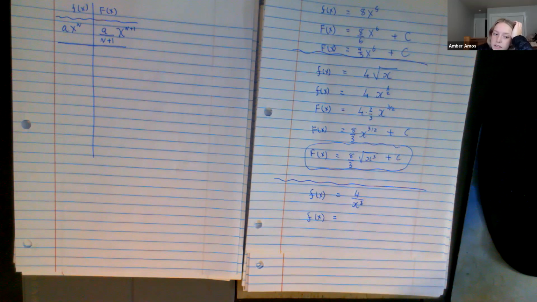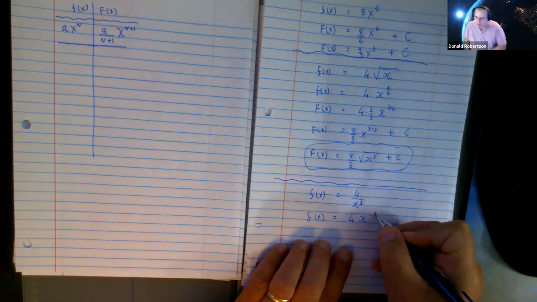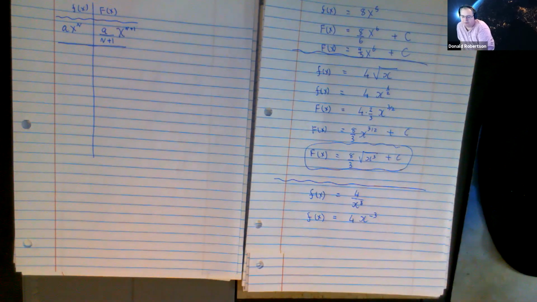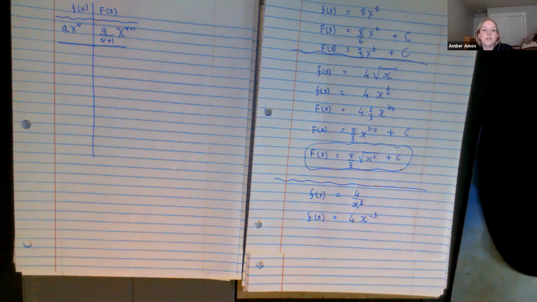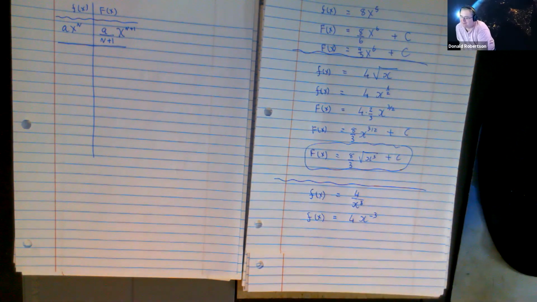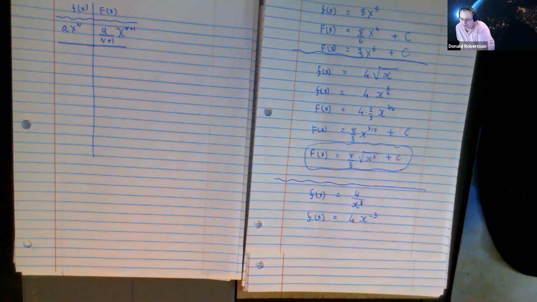You could put x to the -3. That's exactly what I would do. What's good about that method, Amber? Why is that a more useful version? So that you can follow the power rule. Yeah, it's the same math but in a more useful form. Isn't the whole goal here to get it into a power of x? x to the half, x squared, or x to the -3. If you can get it there, you're pretty much halfway done.